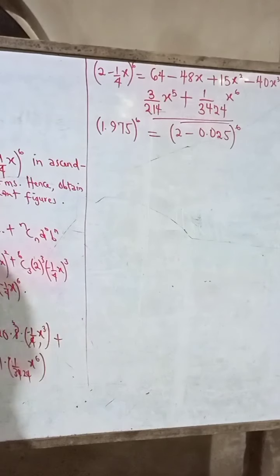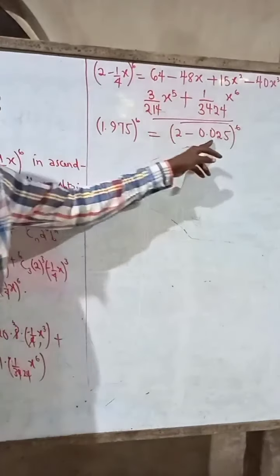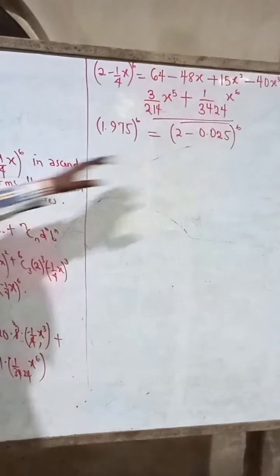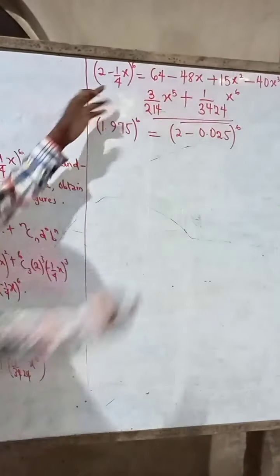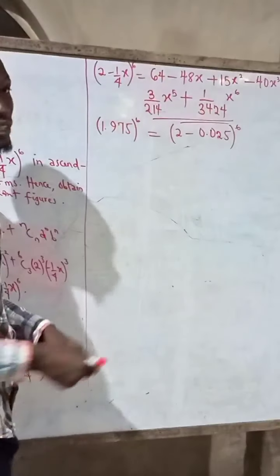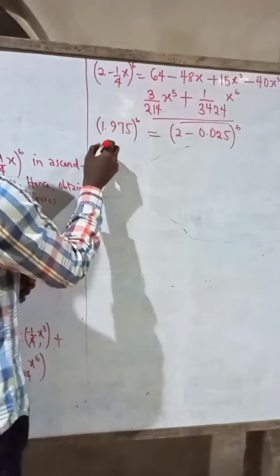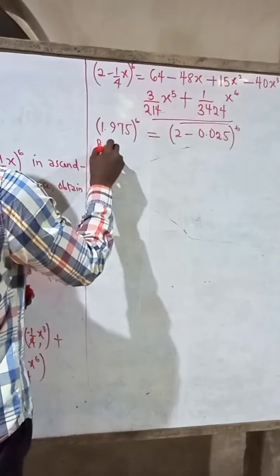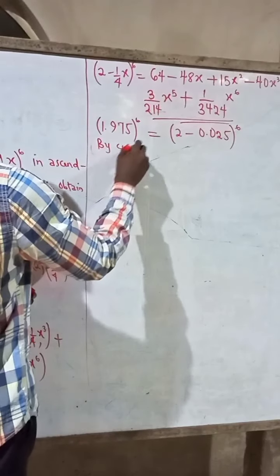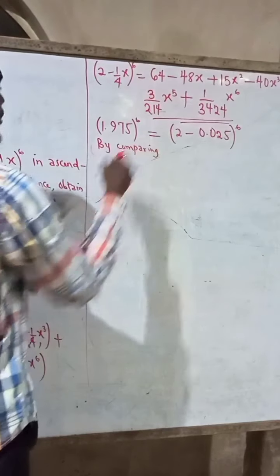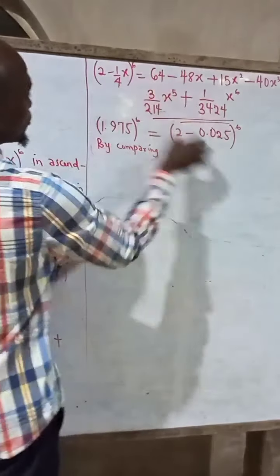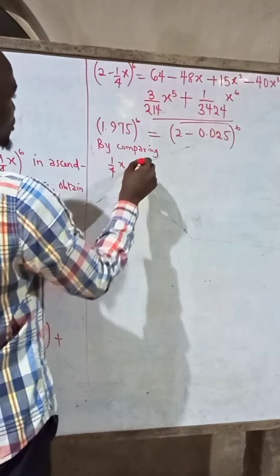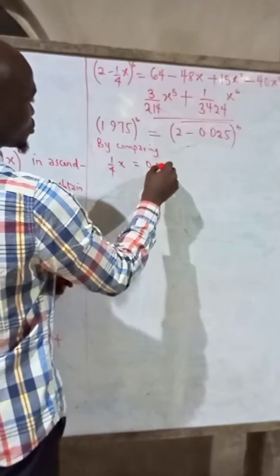But before that, we still have to get what we are going to take as our x. By comparing this and the given question, we can get a value for x. So by comparing, 1 all over 4x will be equal to 0.025.